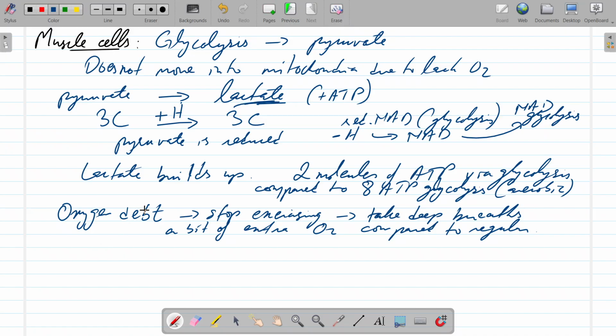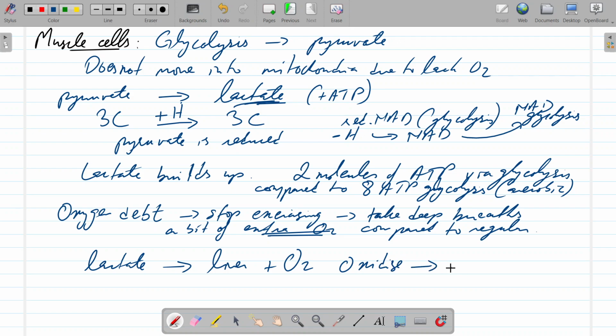And why you need that extra oxygen is because the lactate is moved to the liver, and the oxygen is utilized to oxidize it and then utilize it in glycolysis.